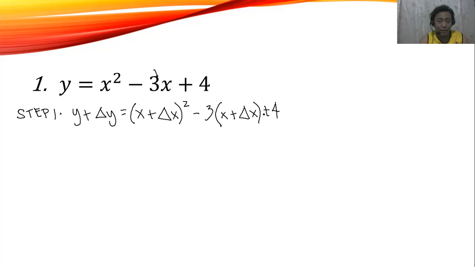How are we going to simplify? Of course, by expanding these. So we have (x plus delta x) squared and negative 3 times the quantity x plus delta x.